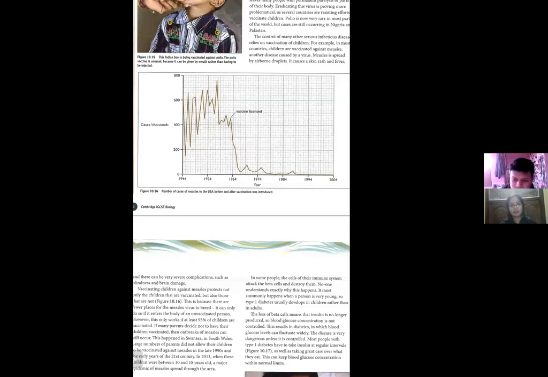Passive immunity, that is the vaccination, right? To fight against the disease. The same answer, but written in a different way.